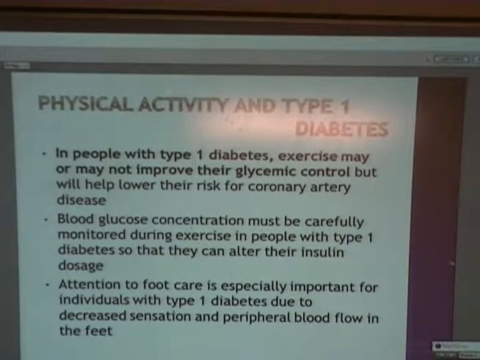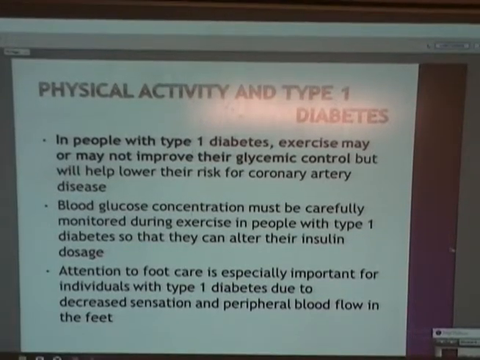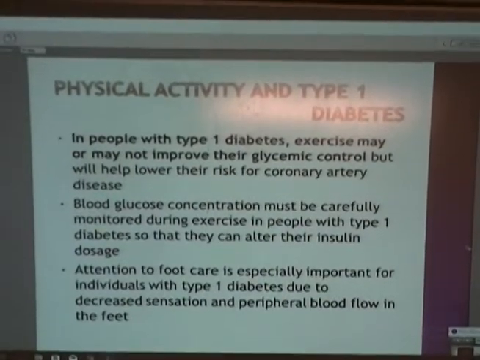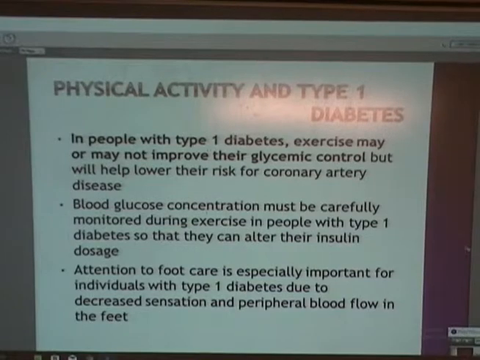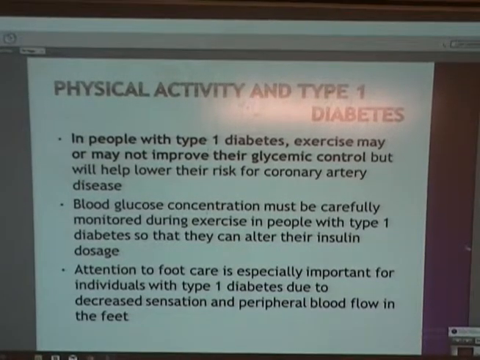Now, you have to be very careful with the insulin shot and the exercise session, all right? Because if they take their insulin shot just before they exercise, they're going to have a big drop in blood glucose and become hypoglycemic within a short period of the exercise session, all right?